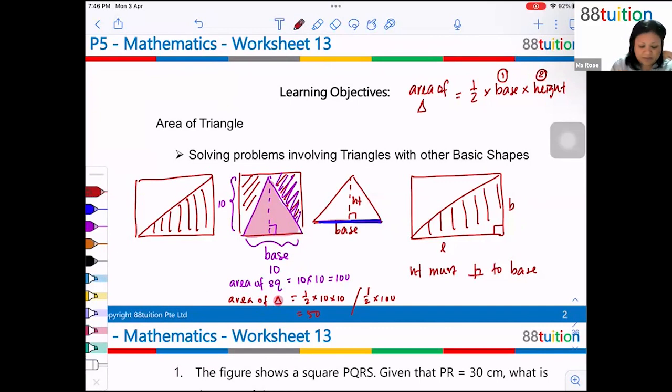What can you say about the shaded parts, the sum of these two shaded parts? 100 minus 50. So isn't it the same that the area of the triangle is also half of the square? Yes? Okay.